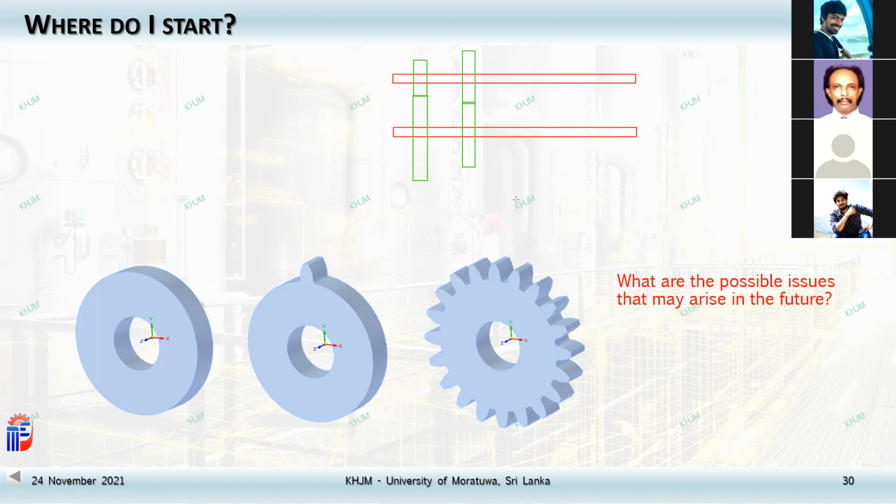So next week, I think, I'm going to show you a simple gear wheel, and then how to use the equations and maintain the relationship so that when I change the diameter and the number of teeth, the gear will automatically update.